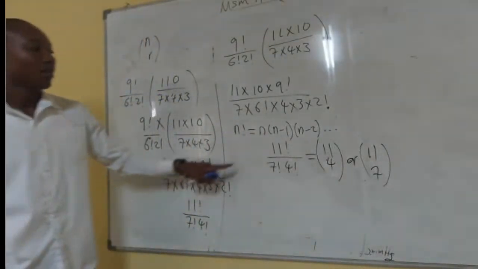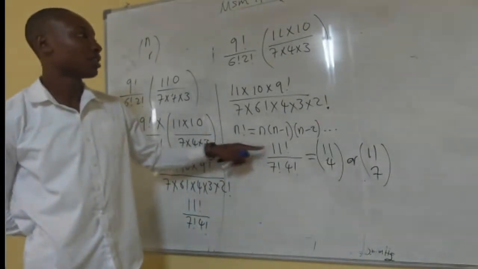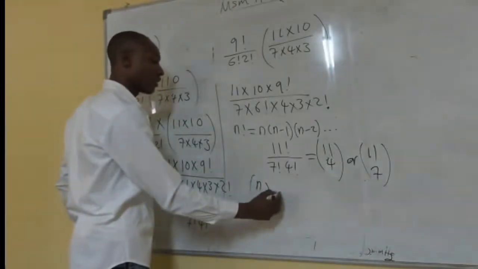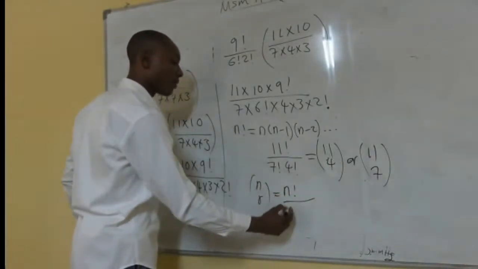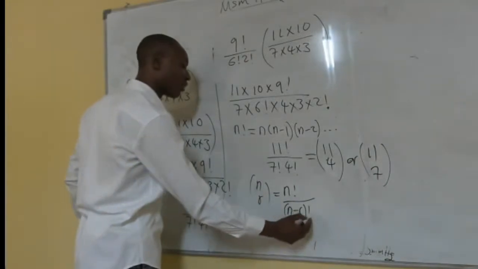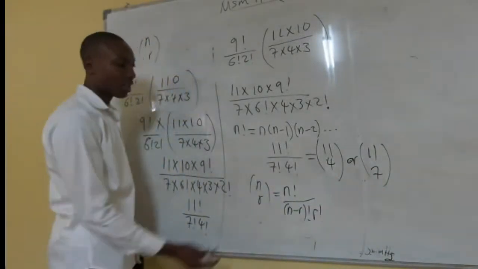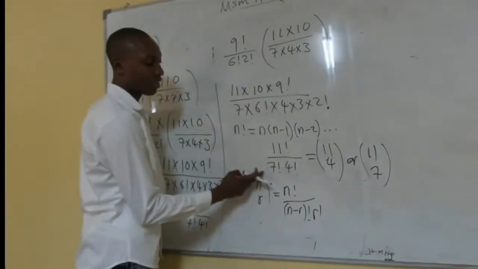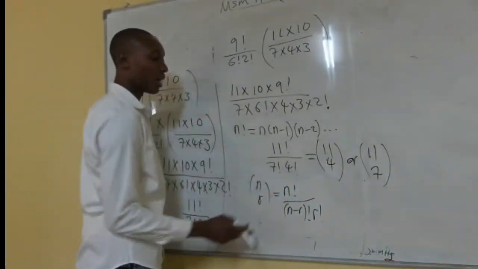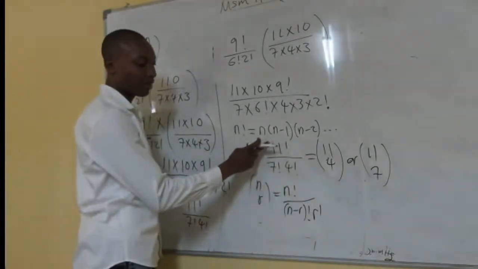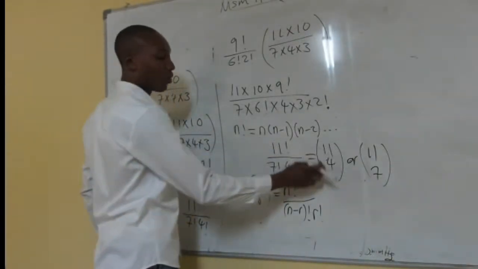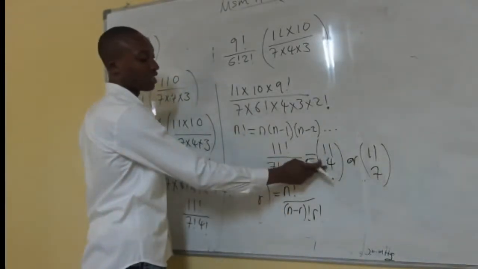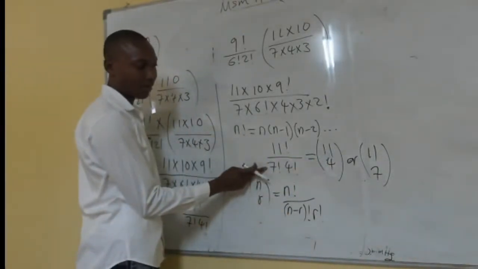So we're saying 11 minus, remember the definition? The definition, n choose r is given as n factorial over n minus r factorial r factorial. Okay? So here, you have 11, then the difference is 7, then the r is 4, right? So if you say 11 choose 4, n is 11, right? 11 minus 4 is what? 7.